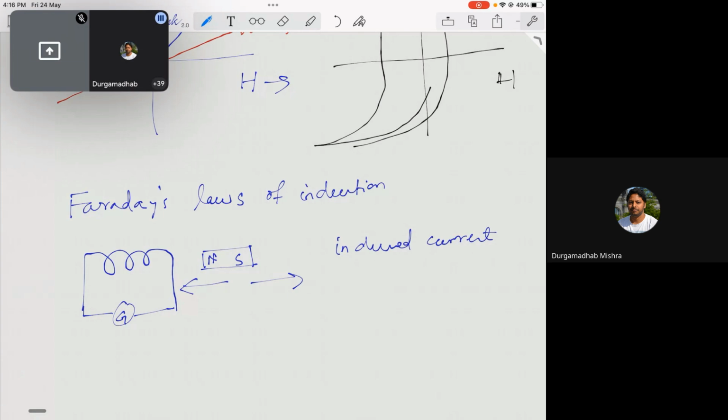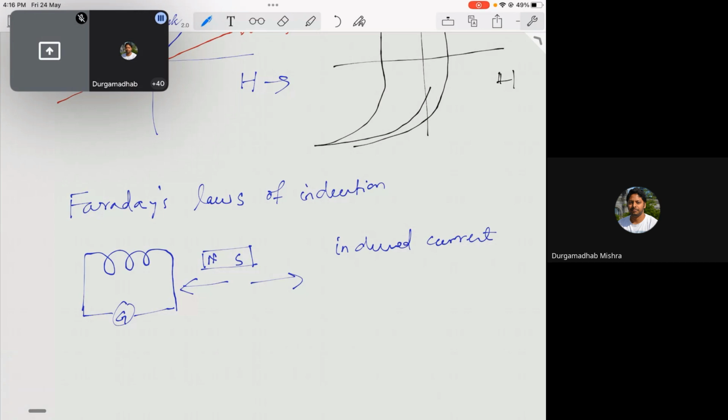This induced current is proportional to how fast or slow you are moving the magnet. Irrespective of whether you move the magnet close to the loop, fix the magnet and move the loop, or move them both together, it doesn't matter. There should be a relative motion of either the loop or the magnet, or you can use an electromagnet and vary the magnetic field.